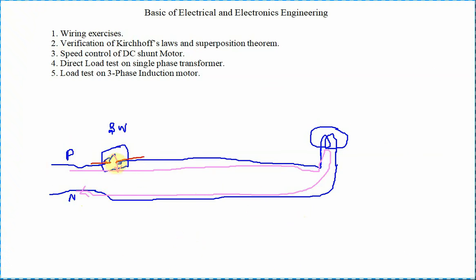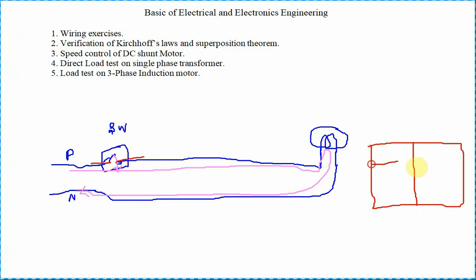Whenever the switch is on, the lamp will go on. So you can make a tabulation. In the tabulation, you write the switch position, this is the one switch, and then the lamp output.